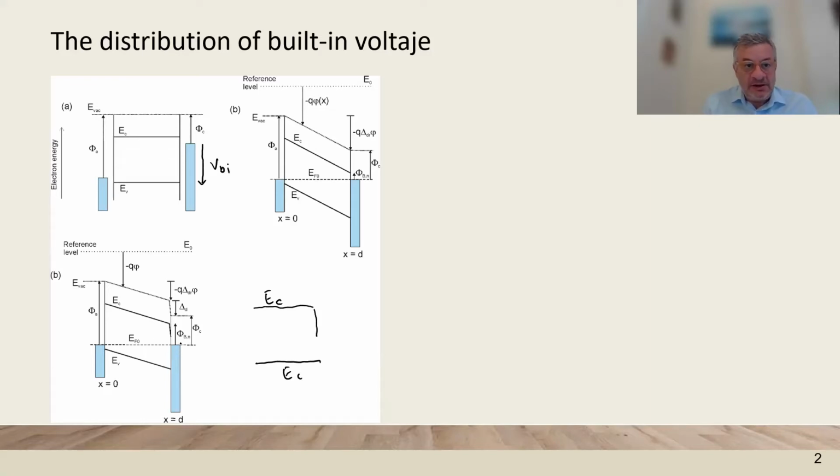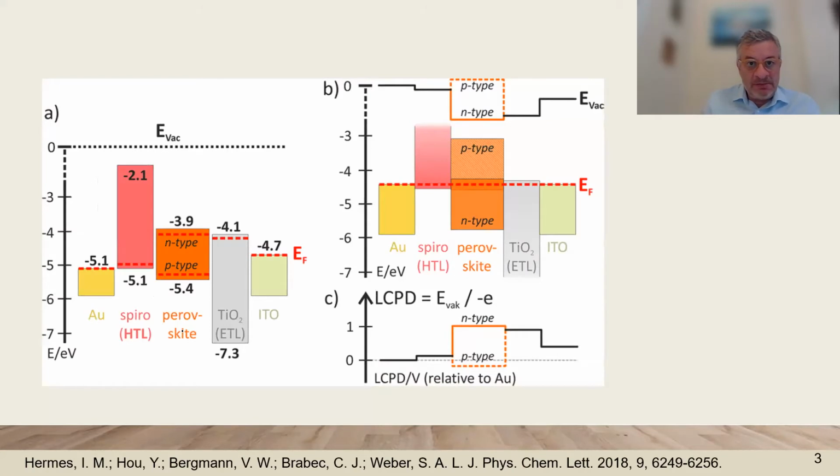And then there are different ways depending on how the material in the center achieves equilibrium with each of the contact layers. We can find the depletion layers. There are different possibilities.